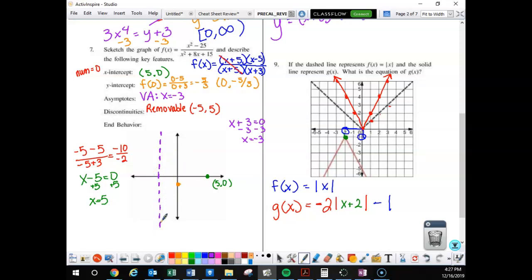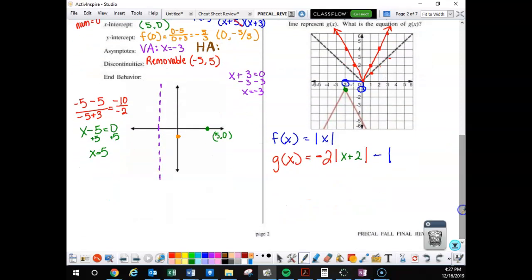And then horizontal asymptote, now remember, this is where you look at the degree. So there's 3 cases, and I'm going to write them over here. Horizontal asymptotes.